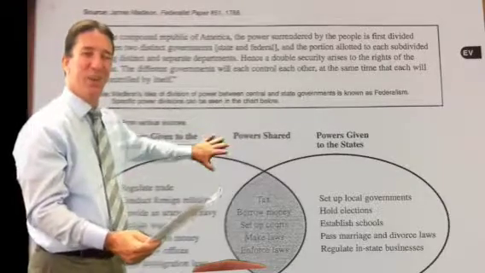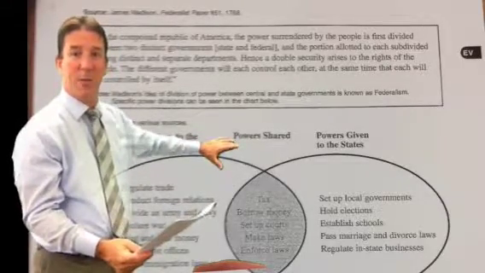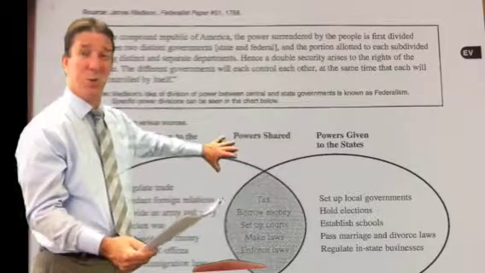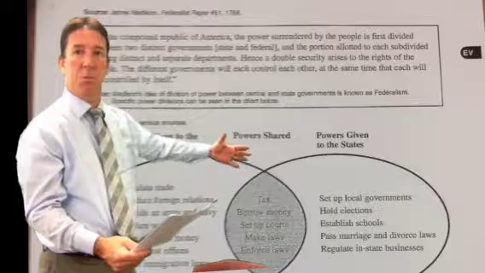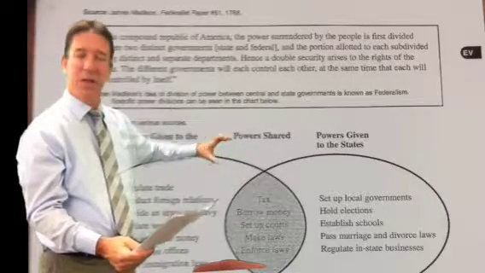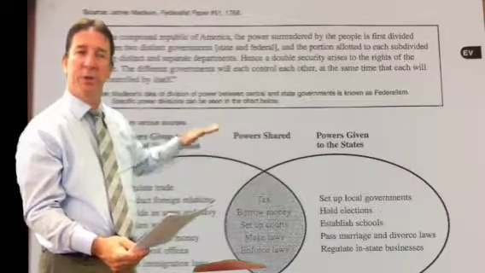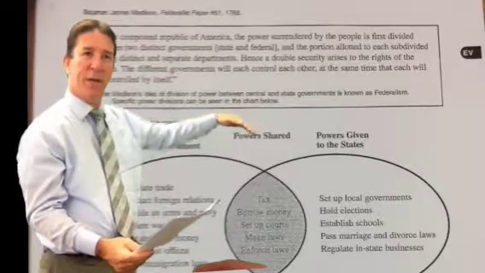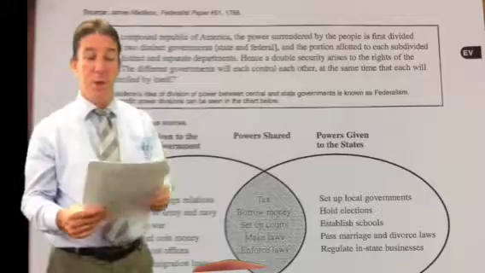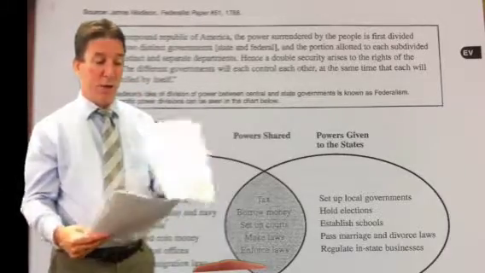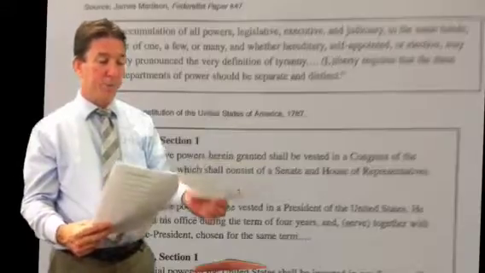So let's say the states were able to print their own money. We all know what happened when that occurred. Or the states were able to declare war on each other. What's going to happen? Think of that boat going off the edge and down the waterfall. Okay, that's document A.